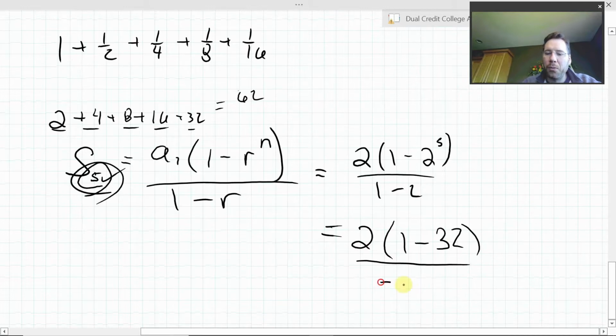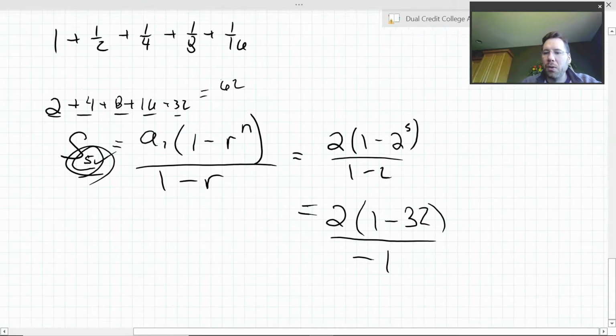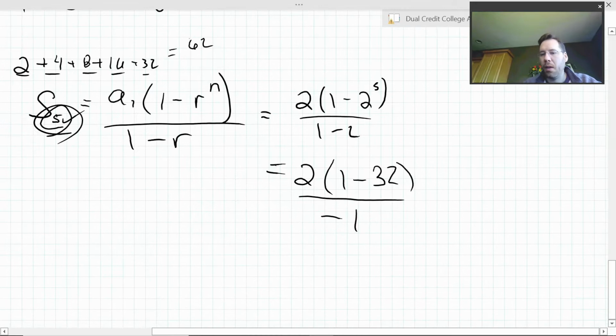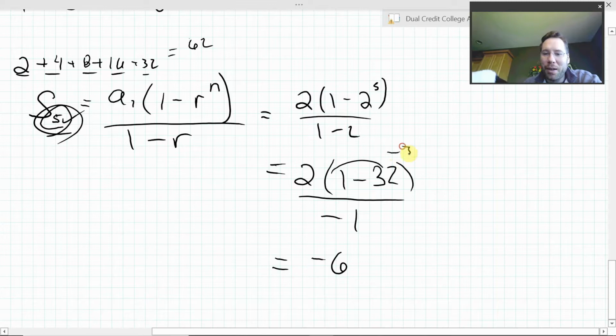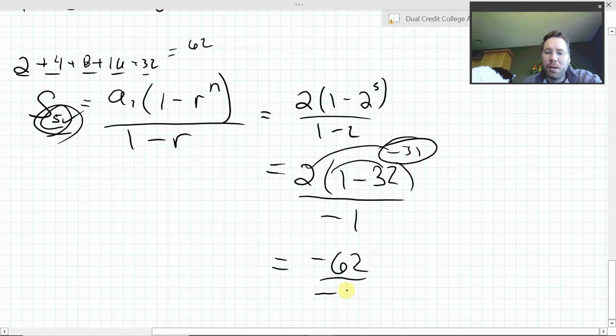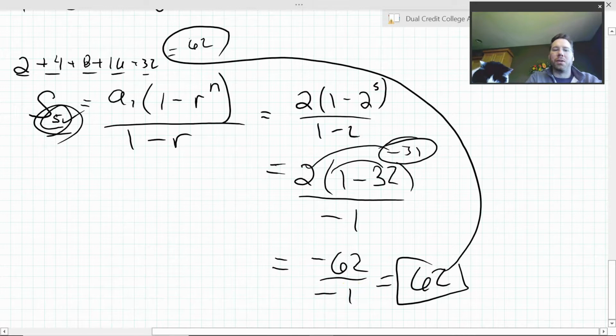And it's over -1. Don't let that bother you, because there's 2 negatives here. And so we get 1 minus 32, so this is negative 31. Here, my kitty's joining us. So this is a negative 31 times 2 is a negative 62 over negative 1. And so there's our answer of 62, which we already knew.